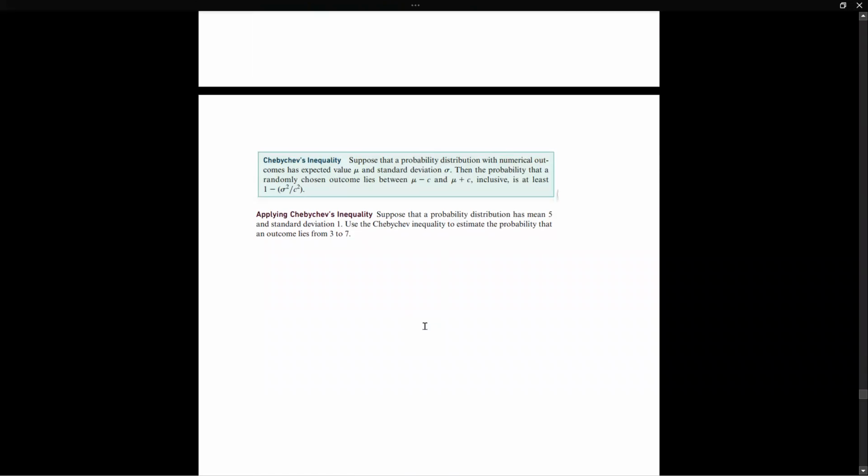However, I'll talk here about the Chebyshev inequality, which says, suppose that a probability distribution with numerical outcomes has expected value mu and standard deviation sigma.